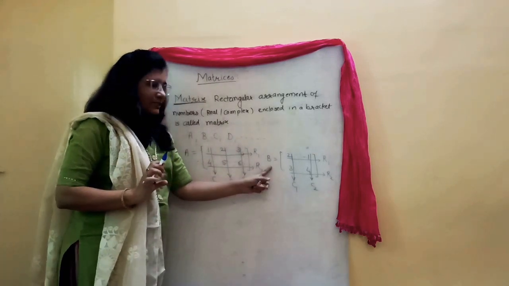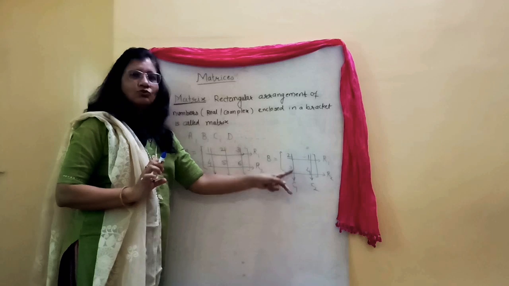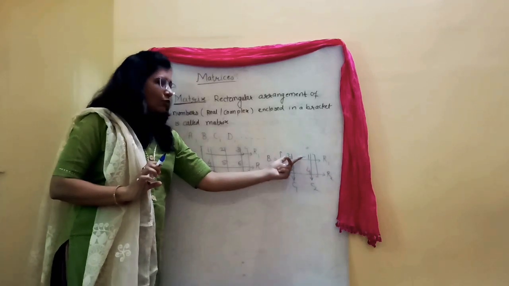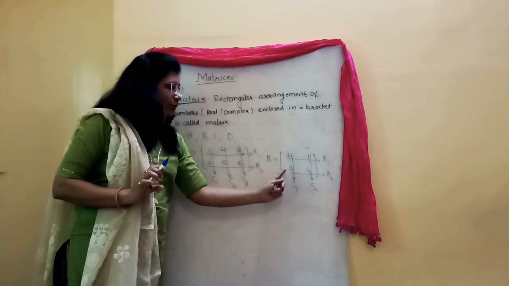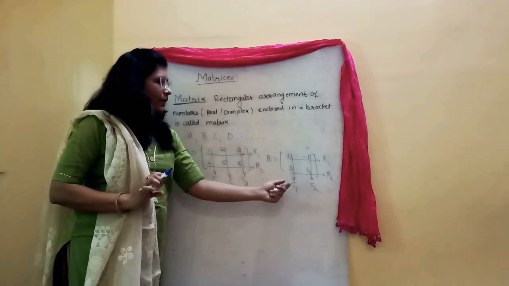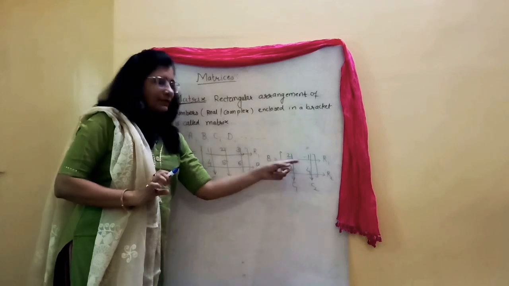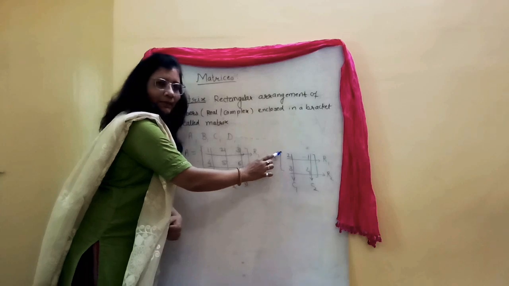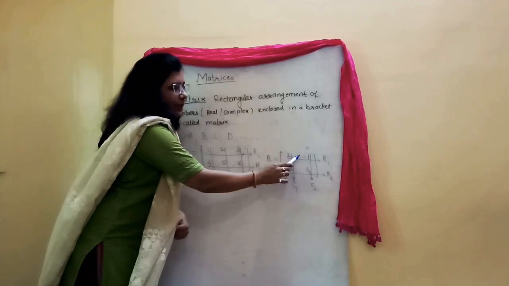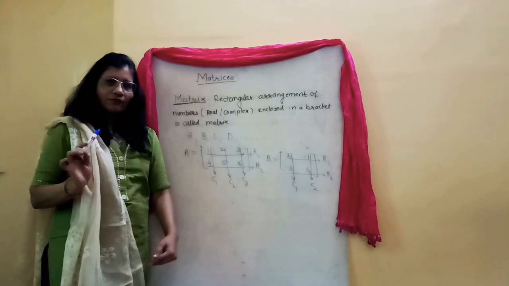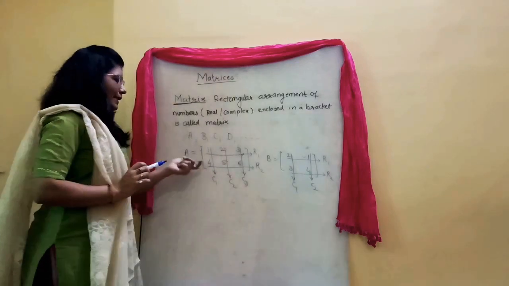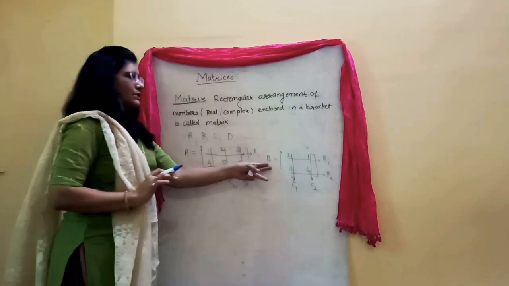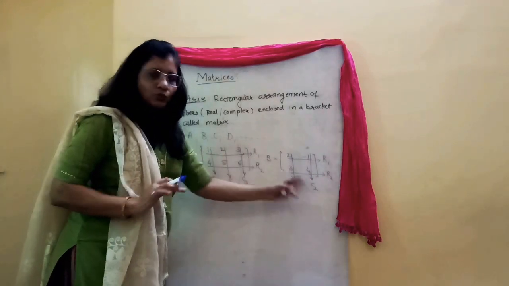And in matrix B, there are 2 rows and 2 columns. 2 rows are there, which include 2, minus 1 in row 1, and in row 2 there are 2 elements, 3 and 4. And 2 columns are there, C1 and C2. In column 1 there are 2 elements, 2 and 3, and in column 2 there are 2 elements, minus 1 and 4. So, in matrix A there are 2 rows and 3 columns, and in matrix B there are 2 rows and 2 columns.